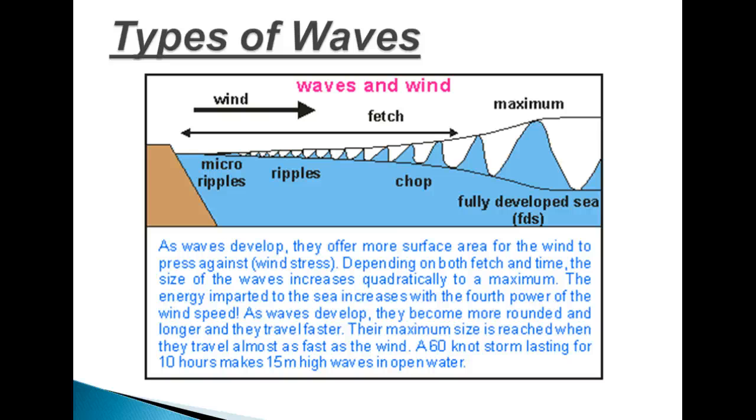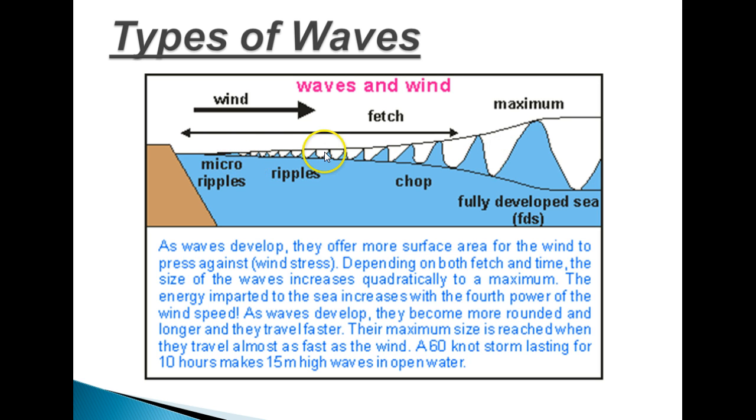Now, waves start as micro ripples, you see them here. So imagine now our flat, calm water. And then we now have a wind that's going to blow for some duration over a period of time. If you look from the lee side of the lake, the lee side is the calm side, you now can see micro ripples start to form as we move across the lake or the ocean.